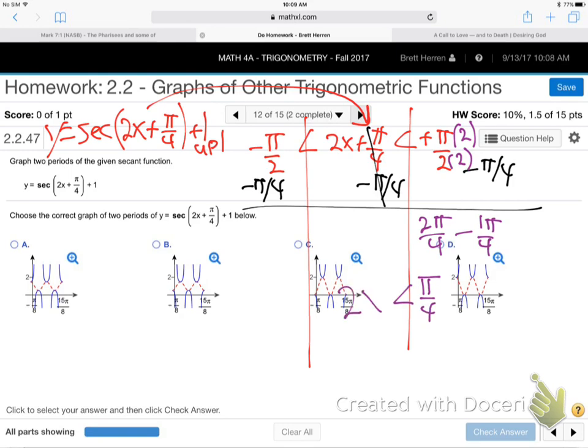In the middle, that's 2x. Over here, multiply top and bottom by 2 there. So it's going to be minus 2 pi over 4 minus pi over 4 is minus 3 pi over 4. Good so far? Everybody okay with all that?